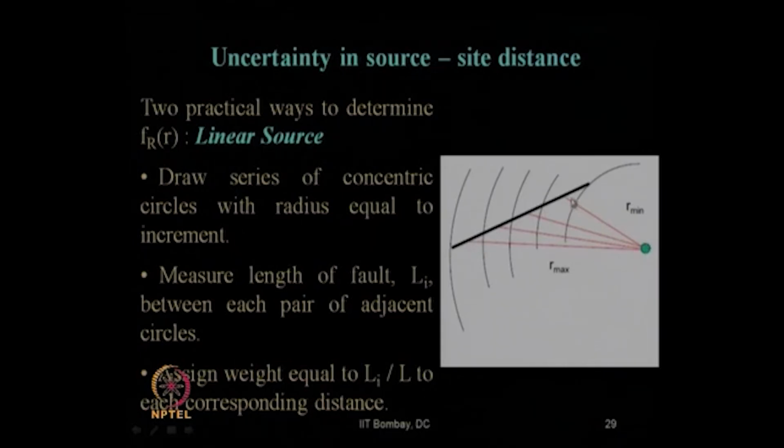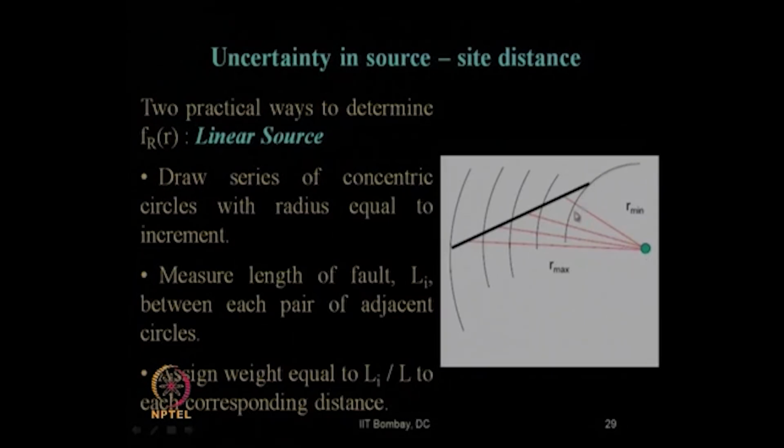We can have various values of r, say this is r minimum and this is r maximum. Considering the site as the center of a circle, draw a series of concentric circles with radius of equal increment. Did you get my point?